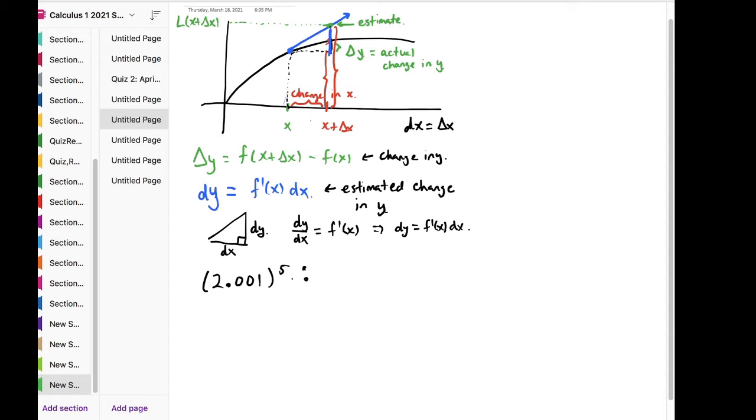So the place where we're drawing our tangent line is the closest nice value, which is x equals 2. And the dx, same as delta x, is how much is it off by? So what is this value here? This is 2 plus 0.001 to the fifth power.